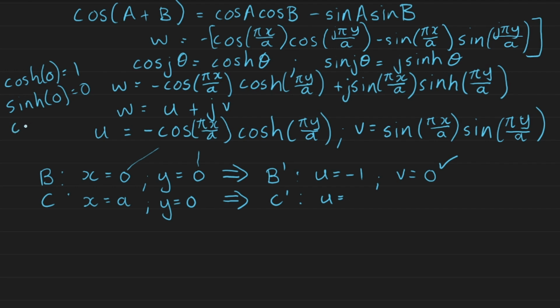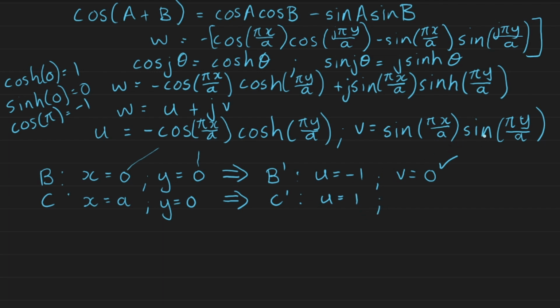And cos of pi, just to remember, is equal to minus 1. So this term gives us minus 1, and cos of 0 is 1. So minus times minus 1 gives us plus 1, and 1 times 1 is 1. So u is equal to 1.